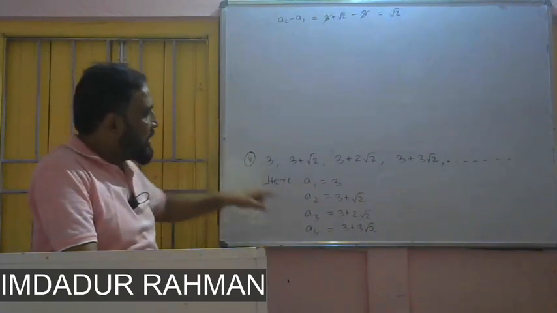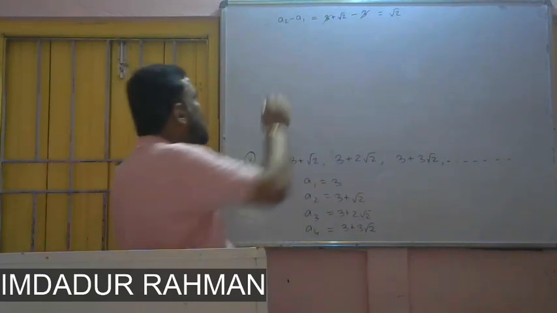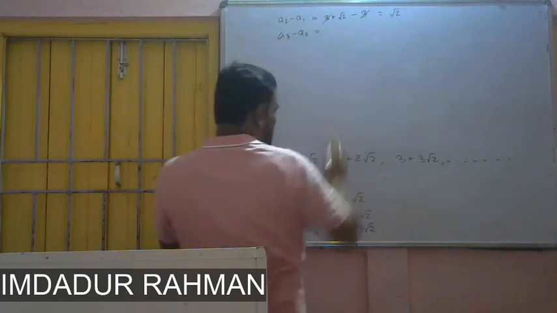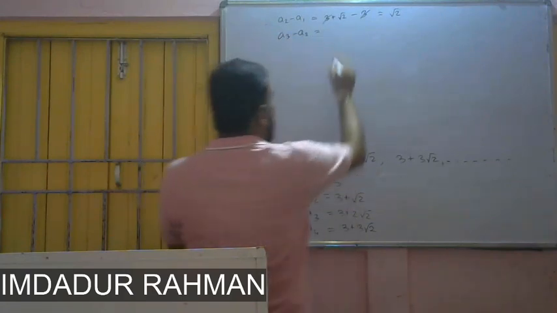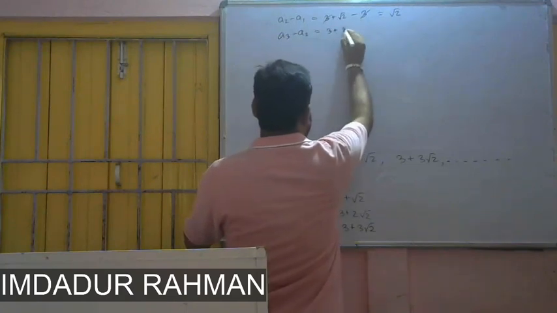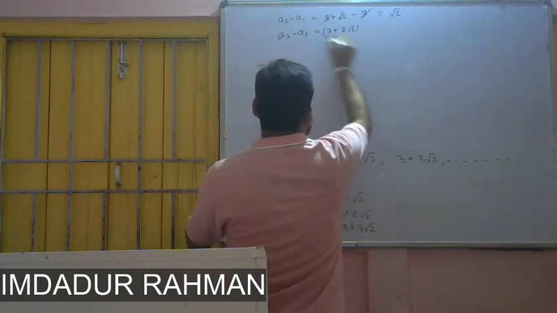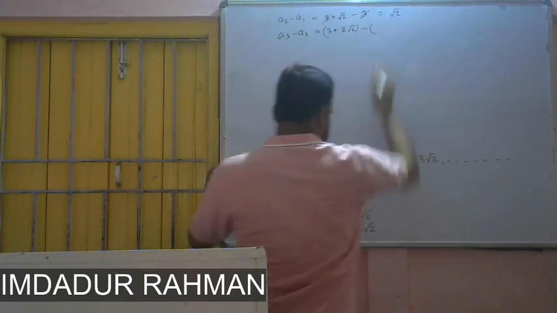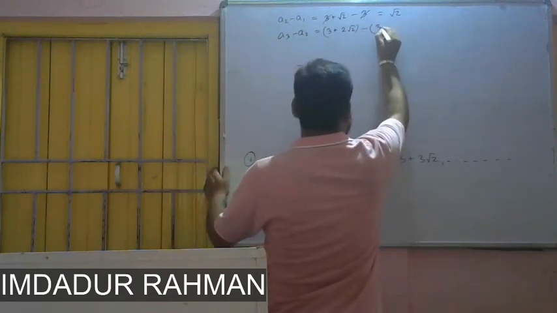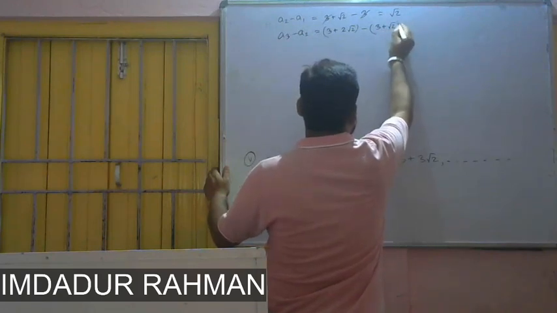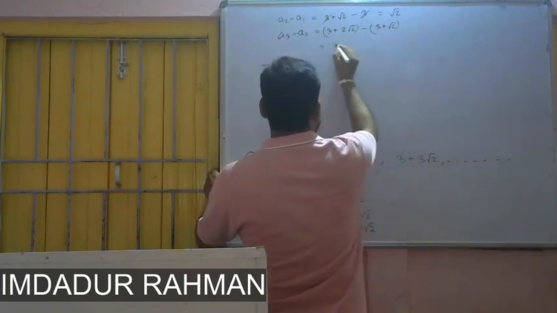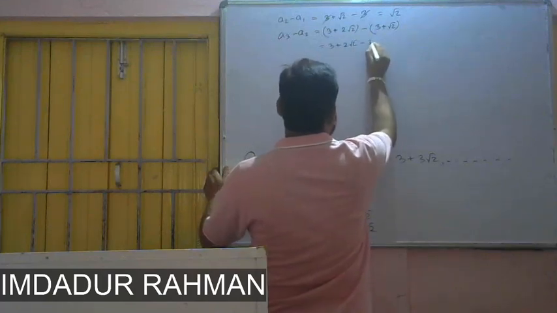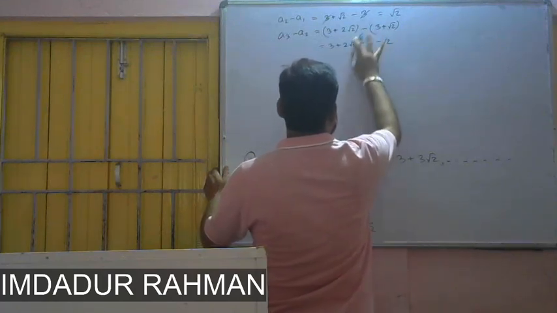Next, A3 minus A2. A3 is 3 plus 2 root 2 minus 3 plus root 2. So if we subtract, then what will we get? 3 plus 2 root 2 minus 3 minus root 2.